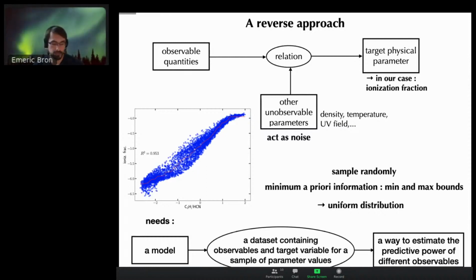Maybe it would be clearer to think of it in the context of neural networks. If you can build a neural network that predicts the density, then you could build a neural network that includes this as a subpart to predict the ionization fraction, meaning that if you have a large enough neural network, when training it, it should be able to internally extract the information it needs to get the ionization fraction.